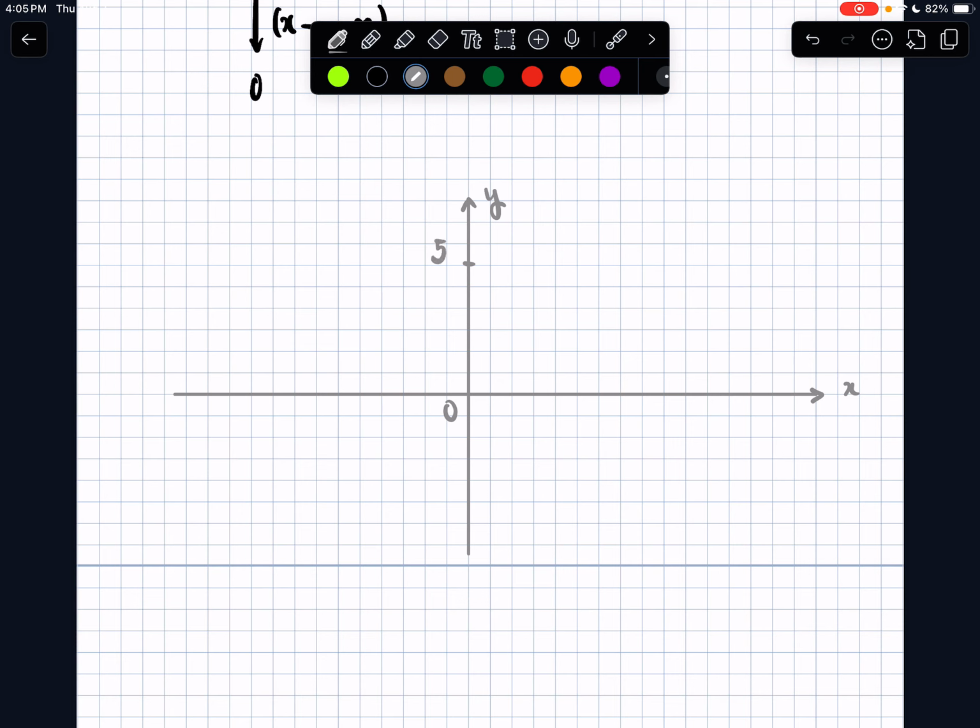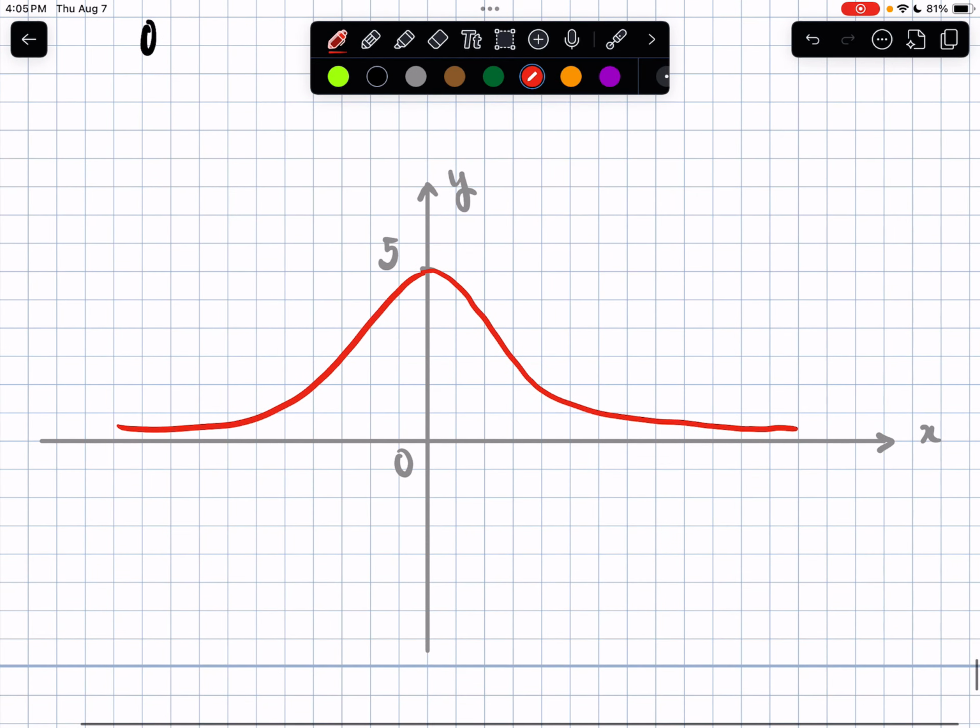The function looks like this: y equals 5 divided by 1 plus x squared.